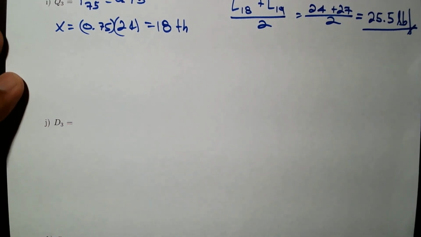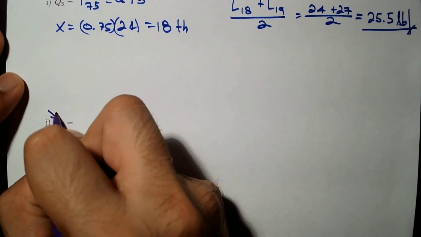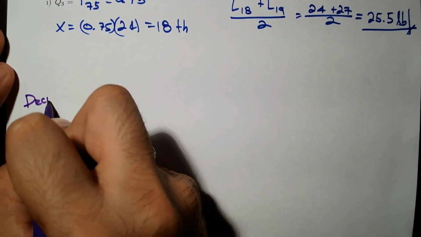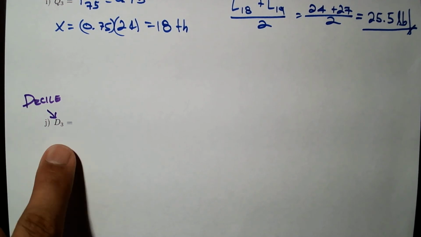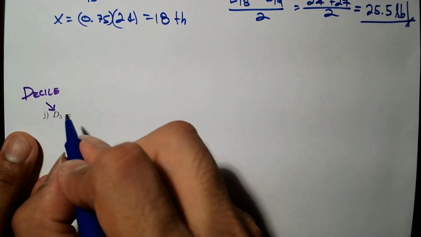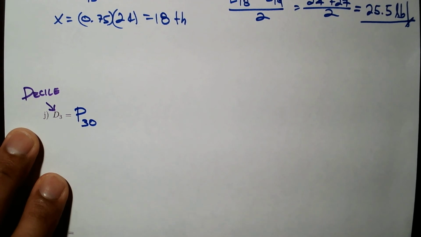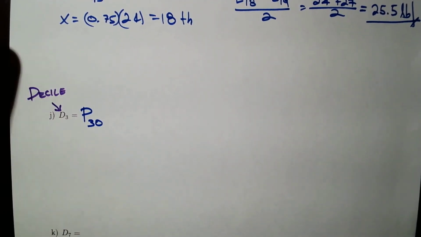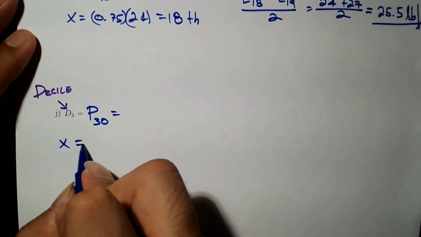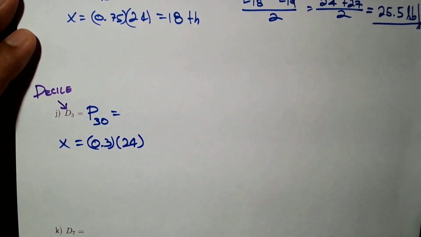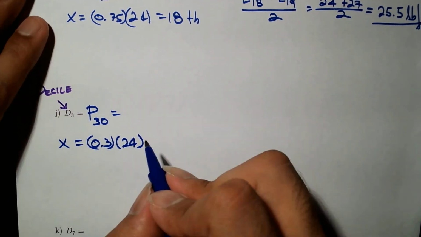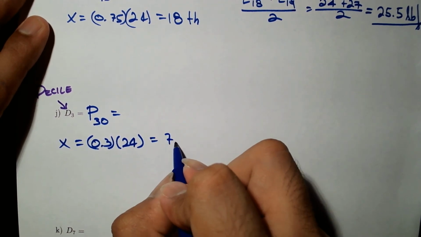Okay. D3 and D7. This is another term called decile, and the prefix is deci, as in decimal. The third decile is really the same as saying P30, the 30th percentile. So x equals 0.3 times 24, and we are going to get, in this case, 7.2.